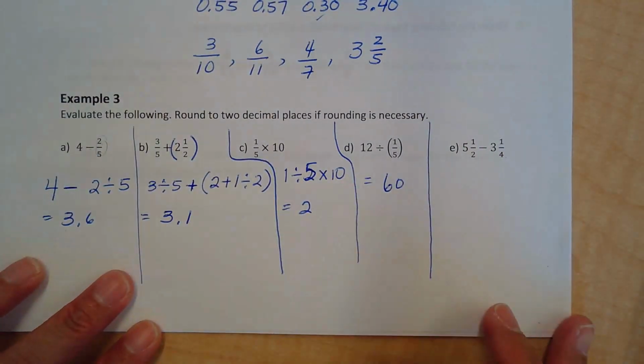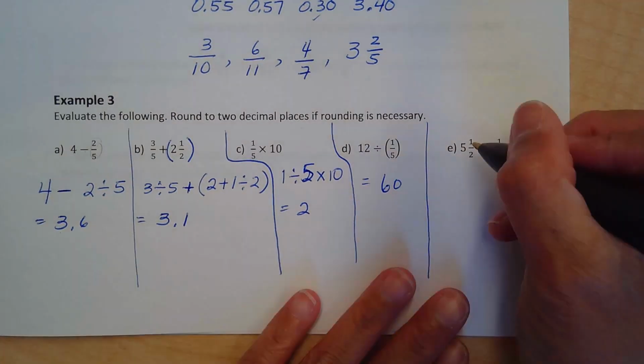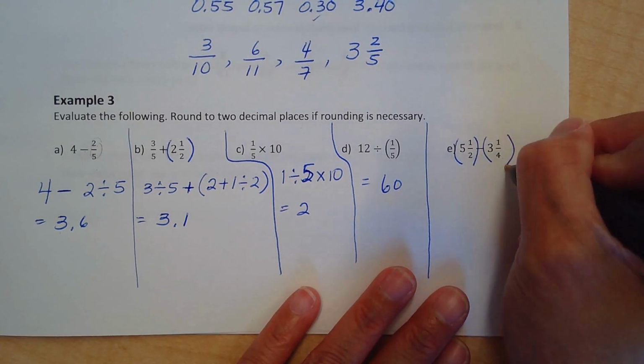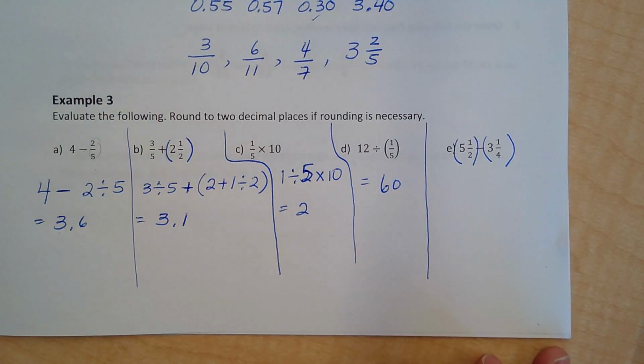Last but not the least, what can we do in here? I want to make sure that 5 and 1/2 is together, so I put that in the brackets, minus all of that in the brackets. So how do we put that in our calculator?